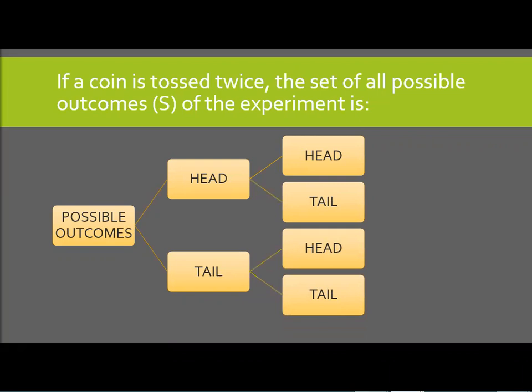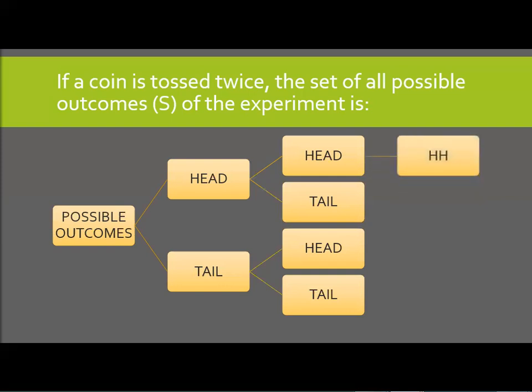Now, let's make a summary based on this. By the way, this diagram is a tree diagram. It shows the possible outcomes of an experiment. For the first one, you can have head, head.